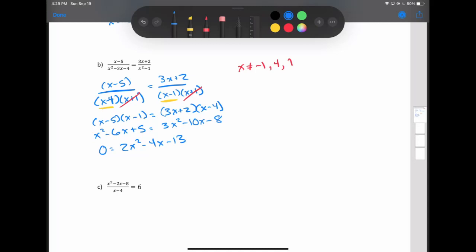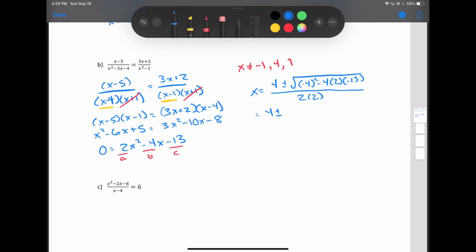So I'm going to use the quadratic formula. Remember that's a, b, and c. So x is equal to negative b plus or minus the square root of b squared minus 4ac, all over 2a.